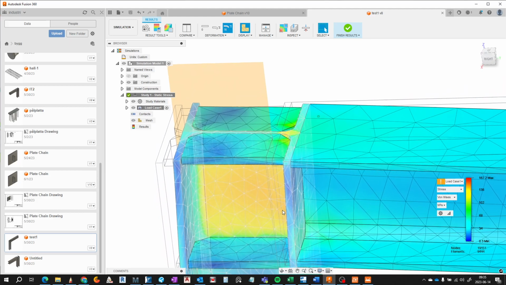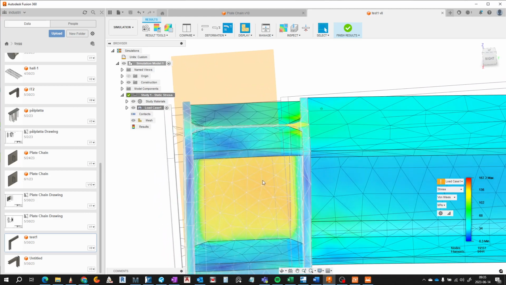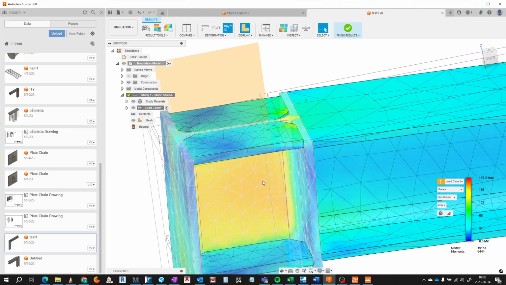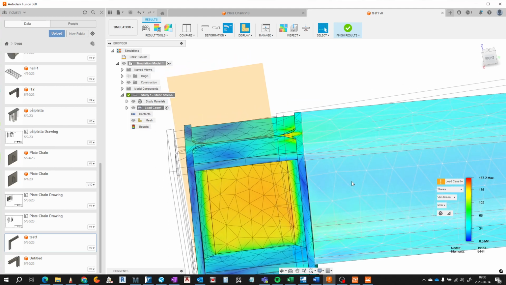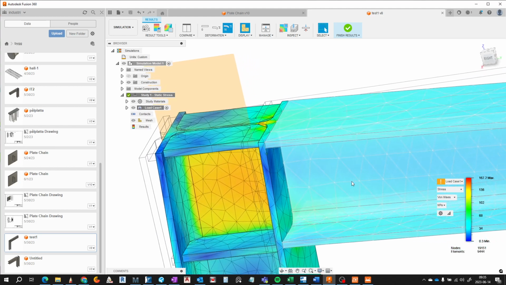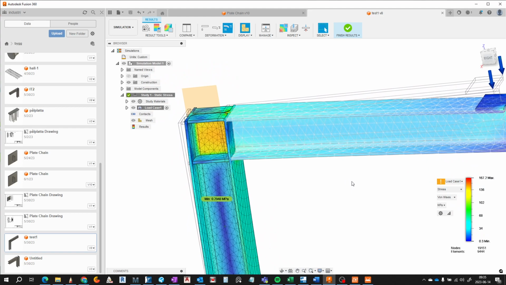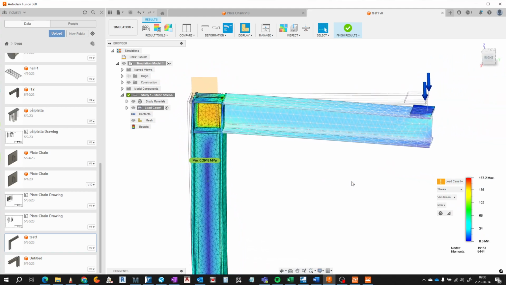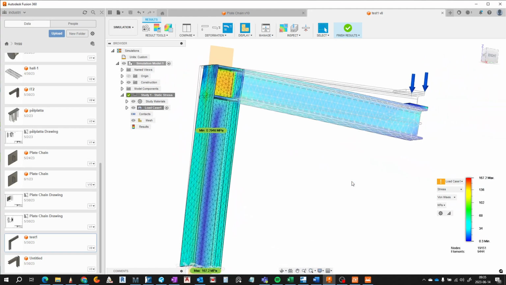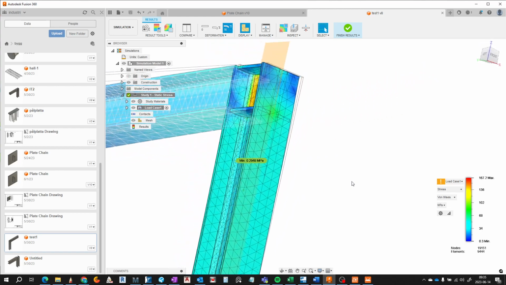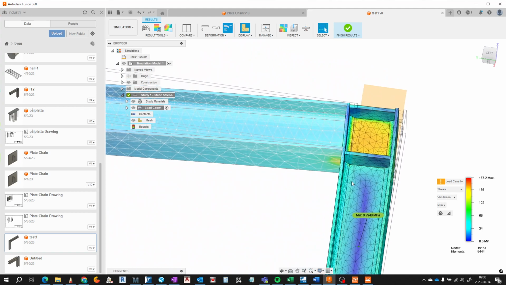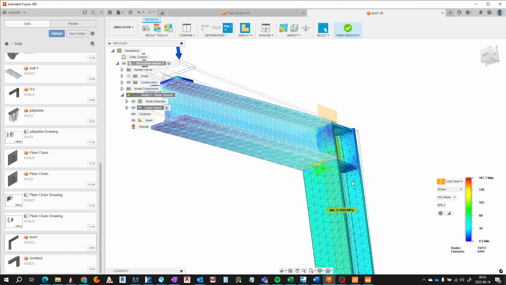Right here, the web is getting more of these stresses, but we have low stresses here, 136 megapascal. So this is a good design for this cantilever, for example, and very good. We can look at other things, but we are focusing here on the von Mises theory of failure.